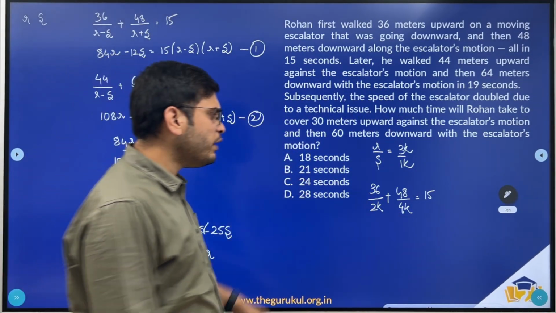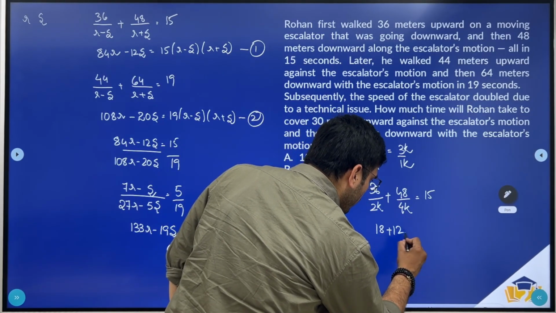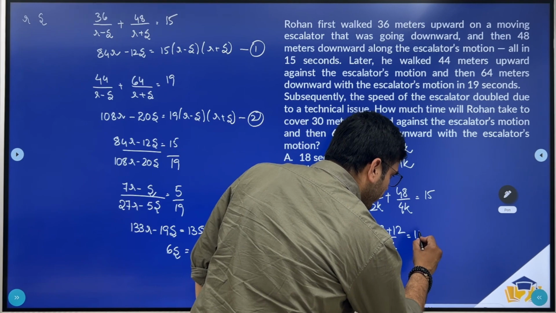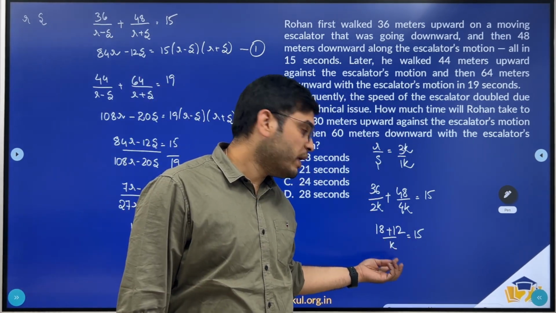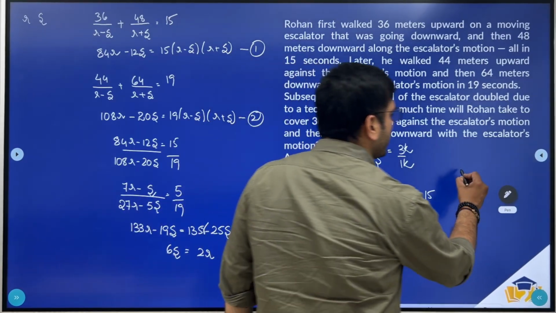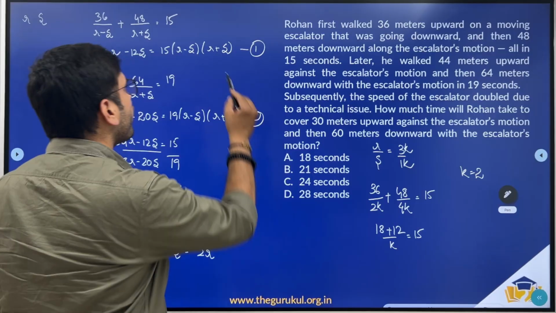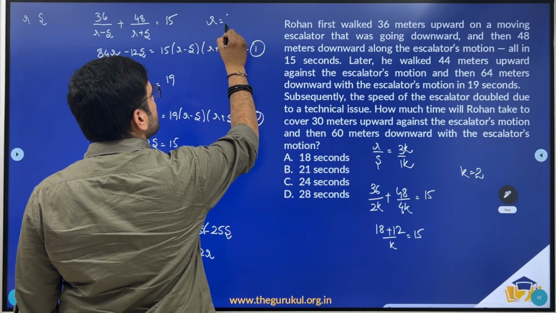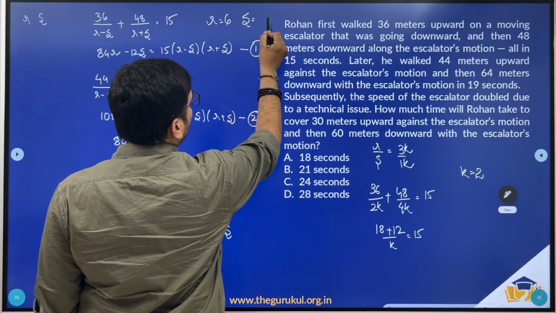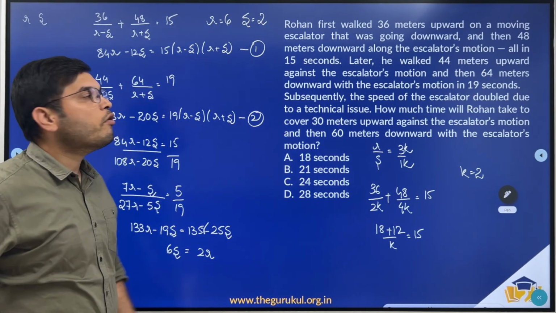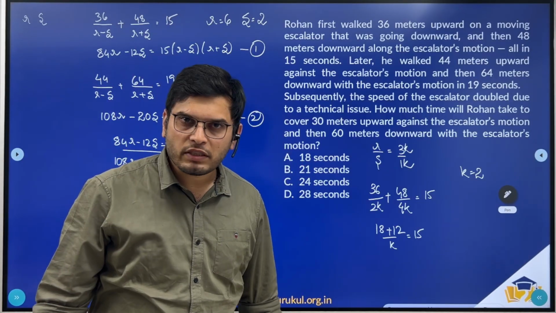Now 36 by 2, 18, plus 48 by 4, 12, by k is equal to 15. Now 18 plus 12 is 30. 30 by k is equal to 15. So k is equal to 2. Now if k is equal to 2, the value of r is equal to 6 and the value of s is equal to 2. So the speed of Rohan is 6 meters per second and the speed of the escalator was 2 meters per second.